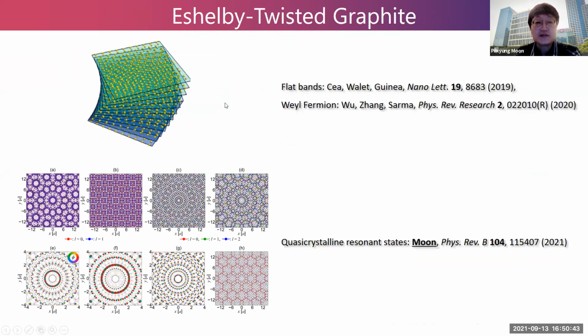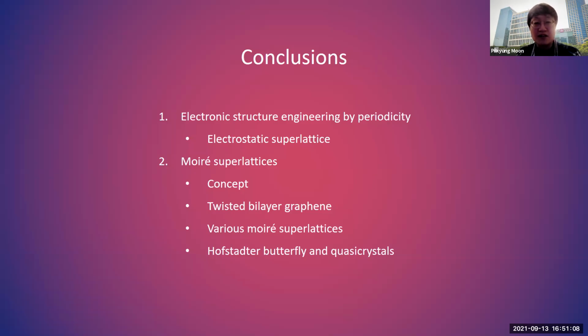Such a structure is unique because it shows some interesting flat bands or the transition between type 1 and type 2 Weyl fermion. But I also showed that such a structure can host quasi-crystalline resonance states with infinitely many states in a single system. Okay, so this is a conclusion.